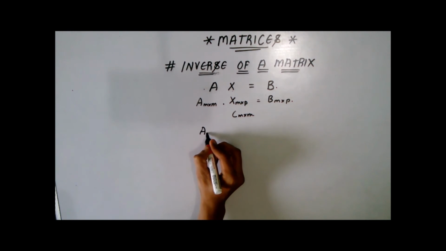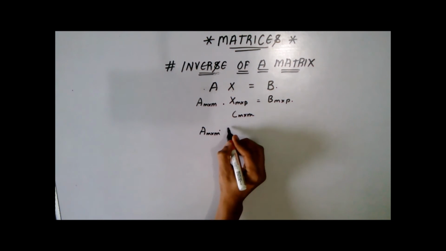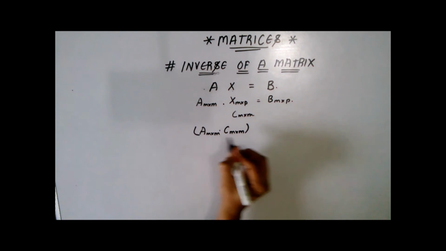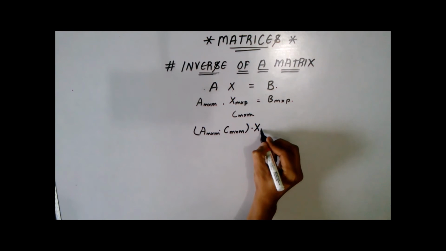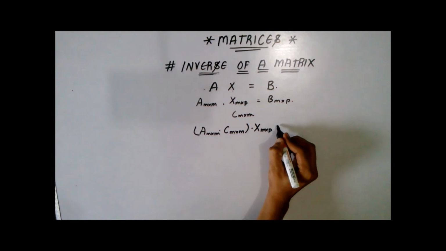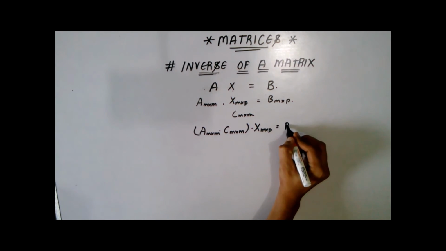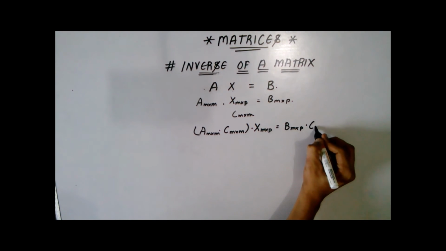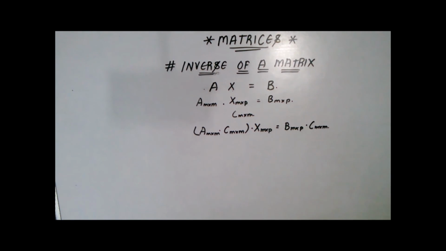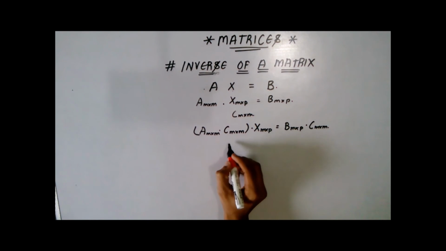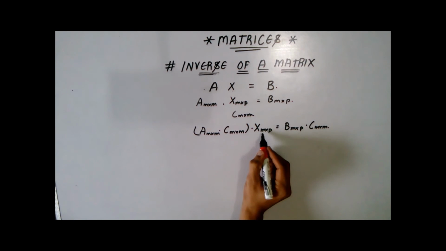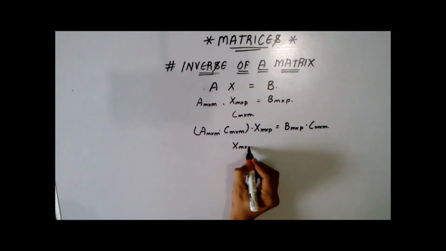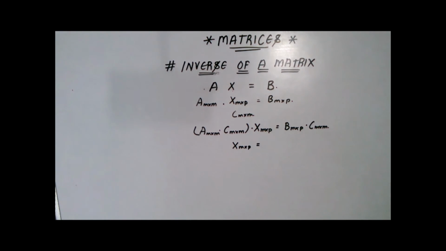So, A matrix has order m by m, it is post multiplied by C matrix m by m multiplied by X matrix of order m by p, which is equal to B matrix of order m by p multiplied by C matrix of order m by m. Now, this will subsequently reduce into identity matrix, and identity matrix into X matrix will give us X matrix of order m by p. Now, let us see the RHS.